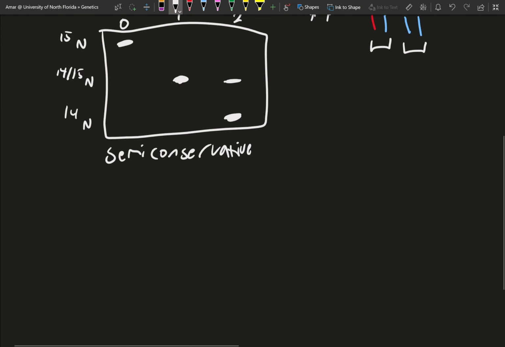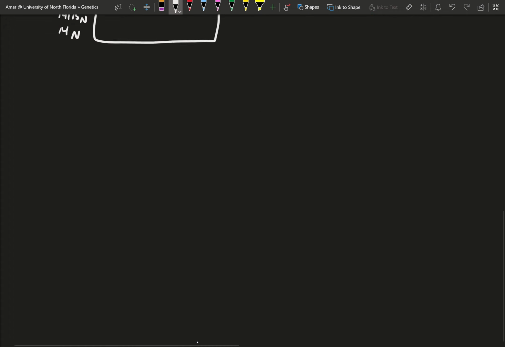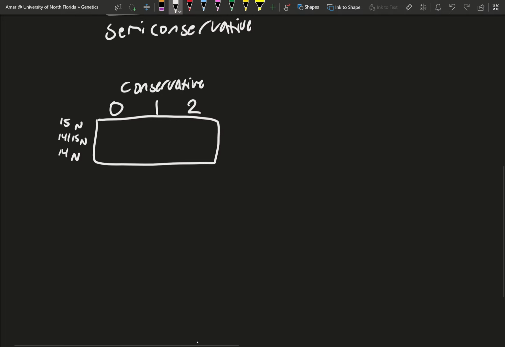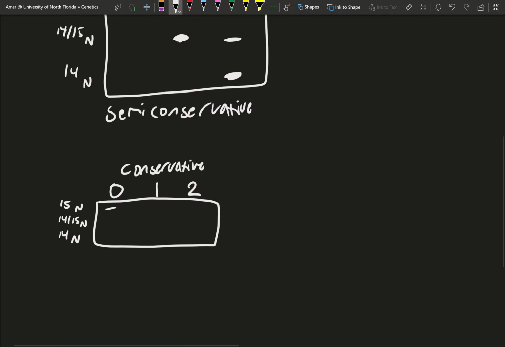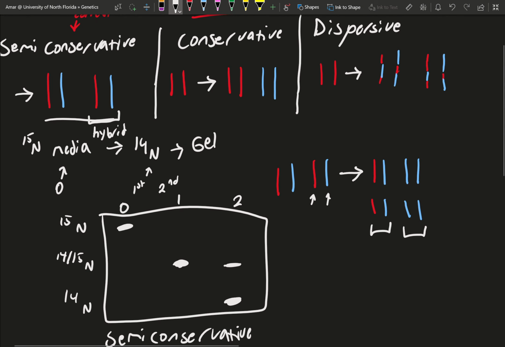The next one we're going to go over is the conservative model. Originally we always begin at the N15 mark right here. After the 1st generation of replication, we have two different bands or two different duplexes.